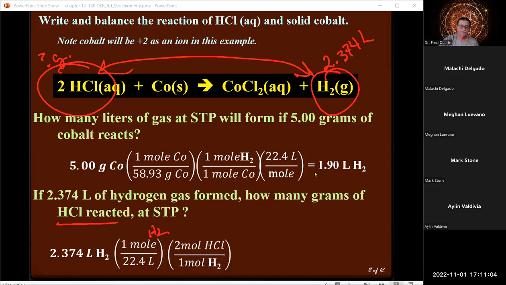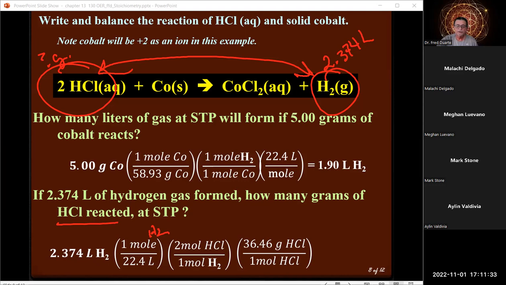The next factor is from the balanced chemical reaction. The stoichiometric relationship between HCl and hydrogen gas is a 2-to-1. Once we're there, this puts us into moles of hydrochloric acid. So the next one would be the molar mass of HCl, which is 36.46 grams per mole.